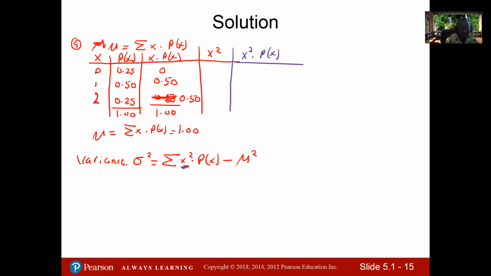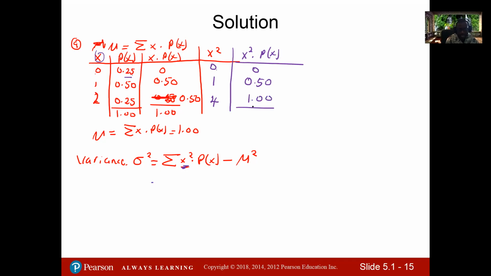So let's square the X's. This is my X. So 0 squared is 0, 1 squared is 1, and 2 squared is 4. Okay, so the X squared times the probability. This is still 0, 0 times 0.25. 1 times 0.50 is 0.50. And then 4 times 0.25 is 1.0.